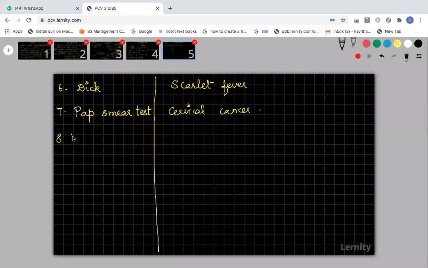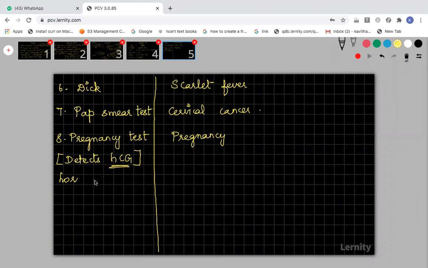And then pregnancy test. This you will study in the human reproduction chapter again. The pregnancy test is taken for pregnancy. Actually, what this pregnancy test will do is detect a hormone called HCG. So you will study it in human reproduction. This HCG is a hormone that will be synthesized in our body only during the pregnancy period and not during other conditions.